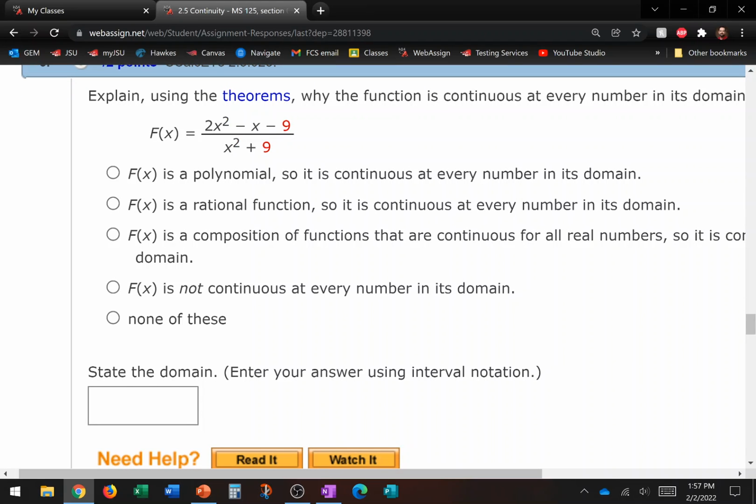Okay. So polynomials are defined everywhere. With a rational function, the thing we have to look out for with the domain is the x values that make the denominator 0. Those would not be in the domain, and so we would have to leave those out. But on this one, we're focusing on the x squared plus 9 part.